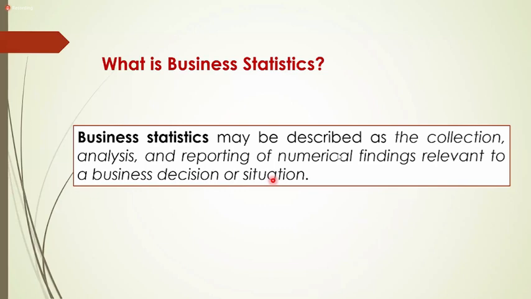So based on the field, the names are a little bit modified. Under business statistics, the methods we mostly use in the business context are all named business statistics, right? And also we have to apply that to the business situation. That is the difference between business statistics and statistics.